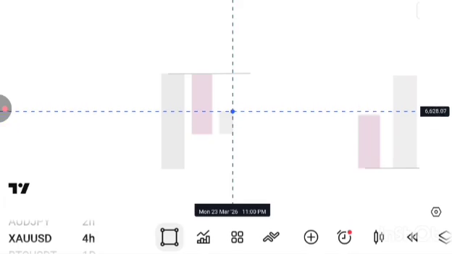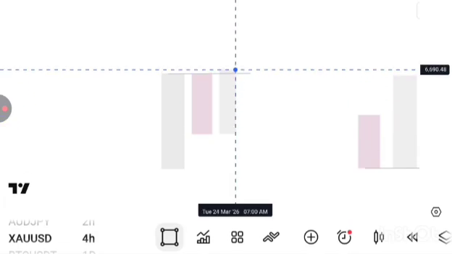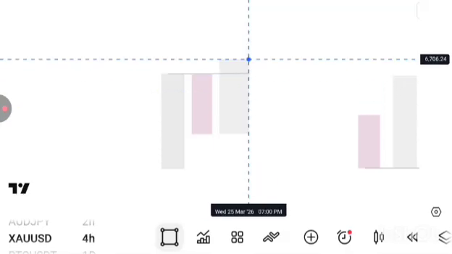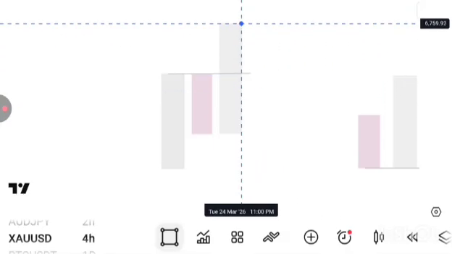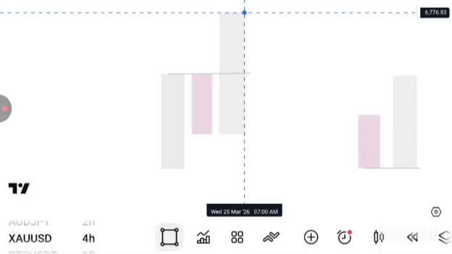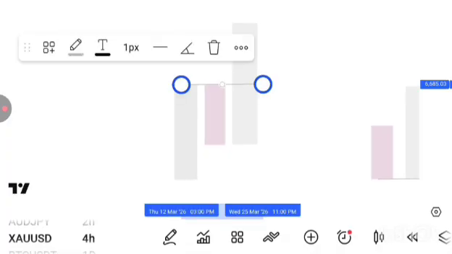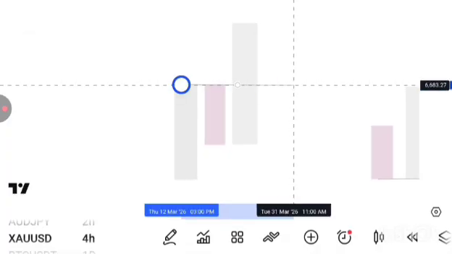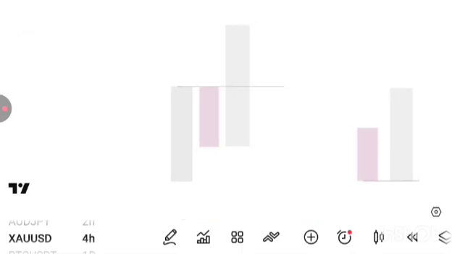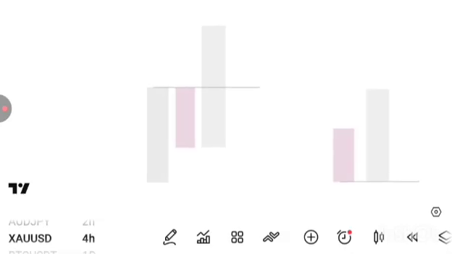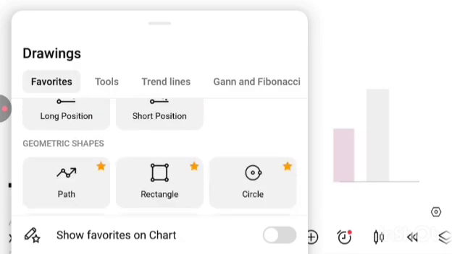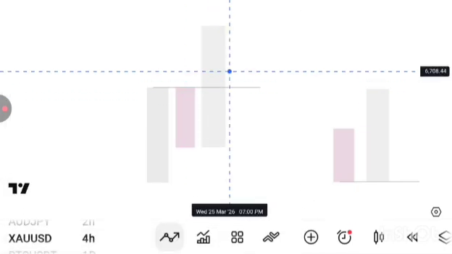But in this case, what we see price do is that price comes to this particular key level, reacts a little bit from that key level, then breaks this key level to the upside. It breaks with an impulsive candle and it closes above that particular key level. Although this key level has been invalidated for sales, it is still a very legit and accurate key level to use for buys.